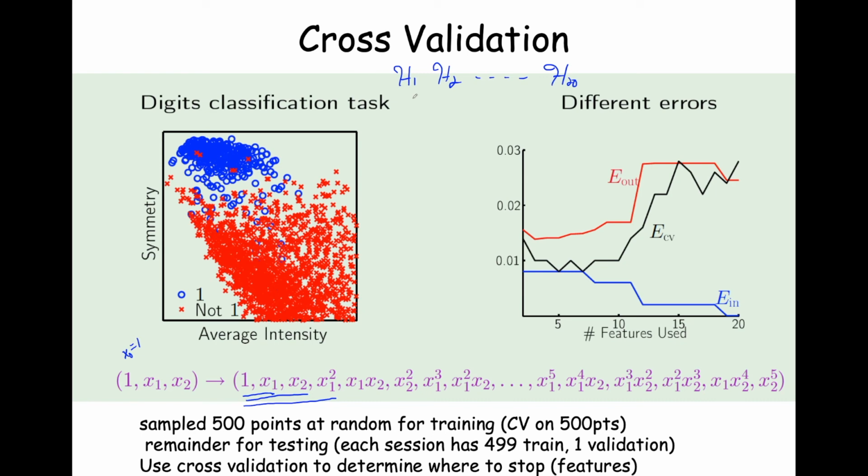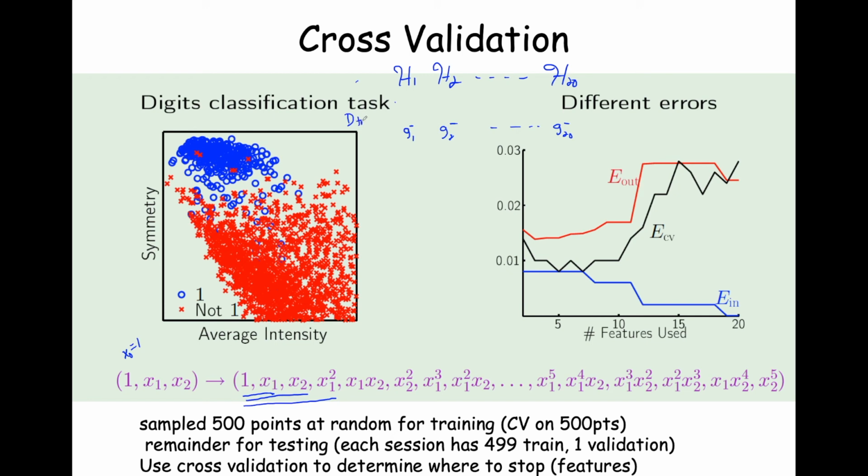So with our cross-validation, this leave one out, what we're going to do is use validation error, this cross-validation, to select which among these is going to give you the best hypothesis. So we would call this G1 minus, G2 minus, up to and including G20 minus, where each one of these is arrived upon by inputting each of the D trains.